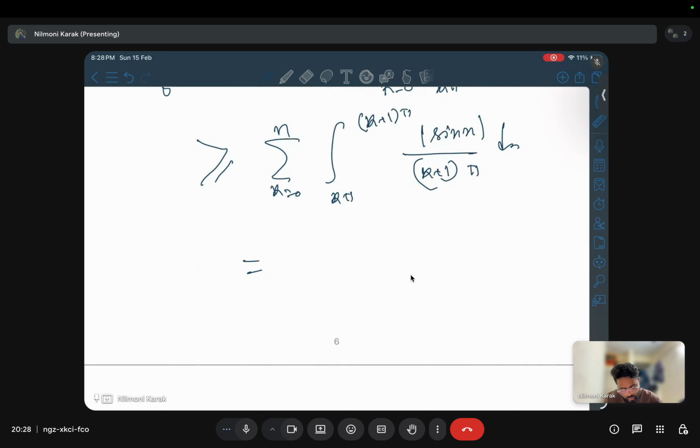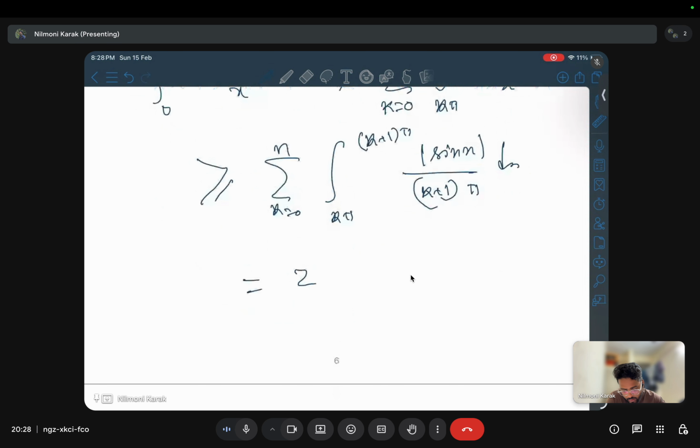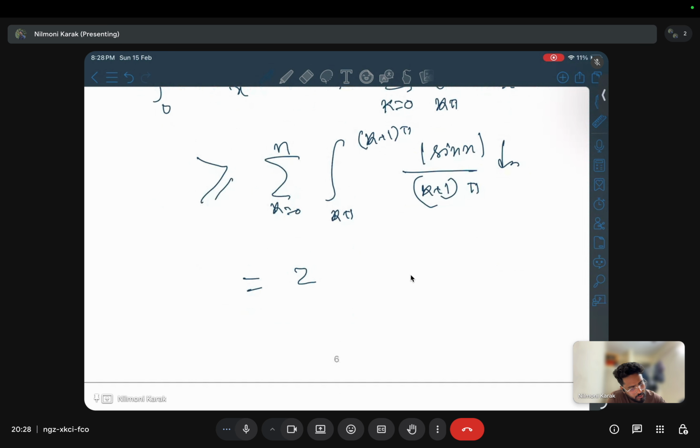This equals 2 by pi times this sum. The integral basically gives 2, and the sum for k equals 0 to n of 1 by (k plus 1) goes to infinity as n goes to infinity.